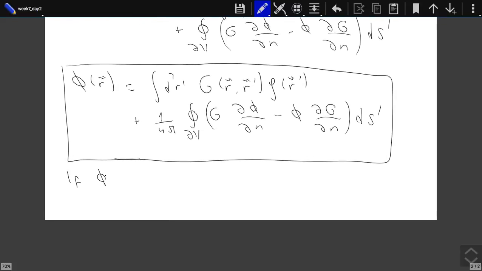If we know phi on the boundary, we don't know the derivative, so we have to somehow get rid of the G term over there. Set G equal to 0 on the boundary.